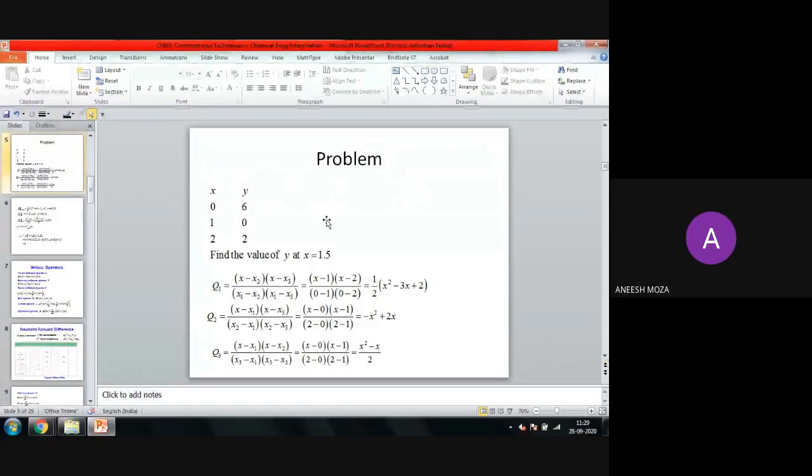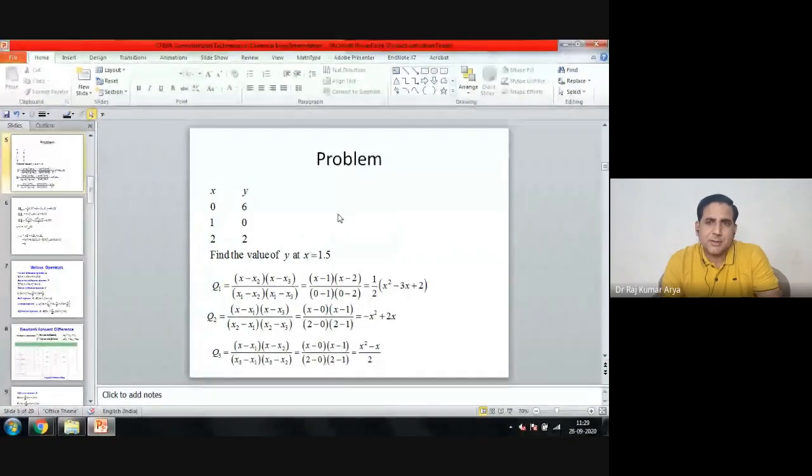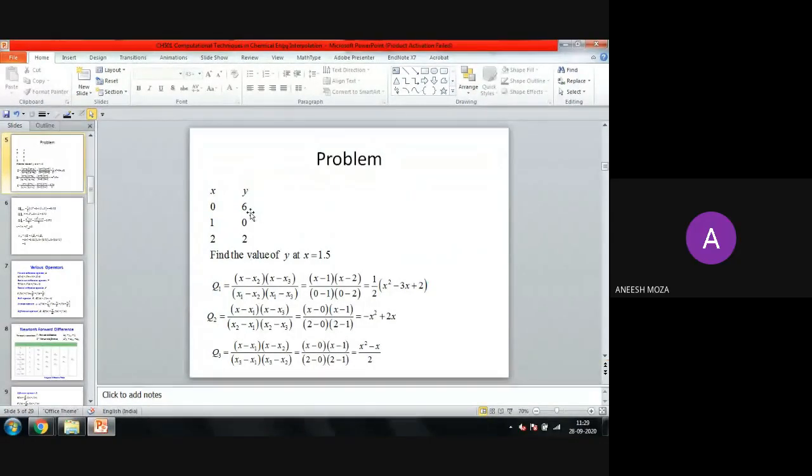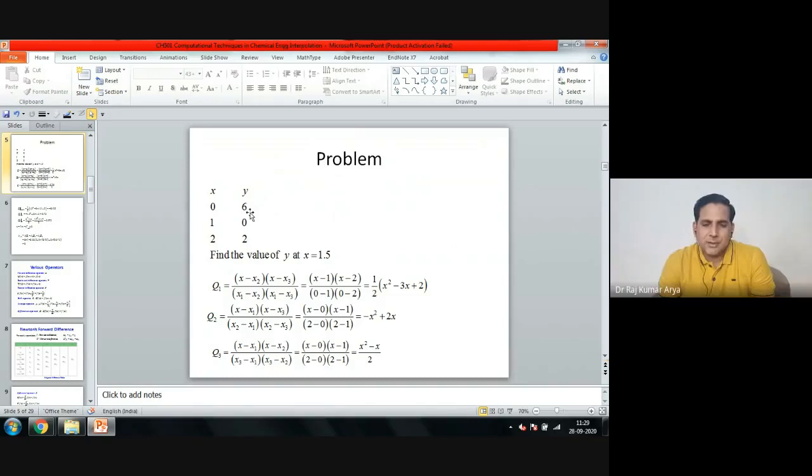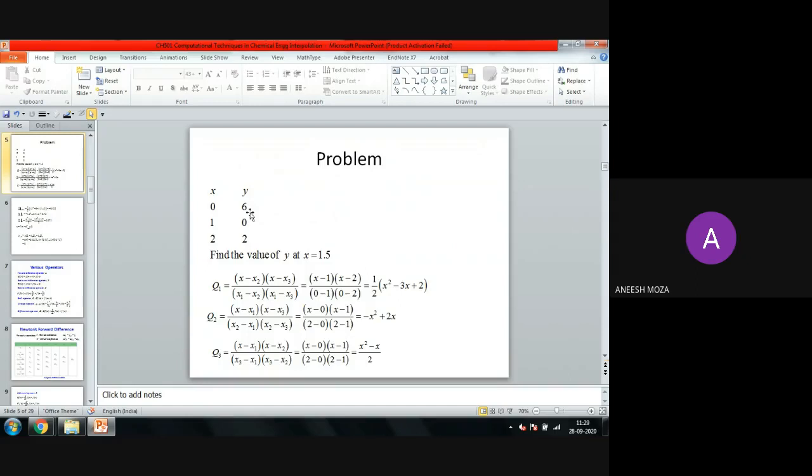I have a doubt. In that interpolation method, we have to find y at x equal to 1.5. Correct. So we have to take the interval between x1 and x2, not x0 and x1, right? You have to take that only, because your unknown value lies between that sector.